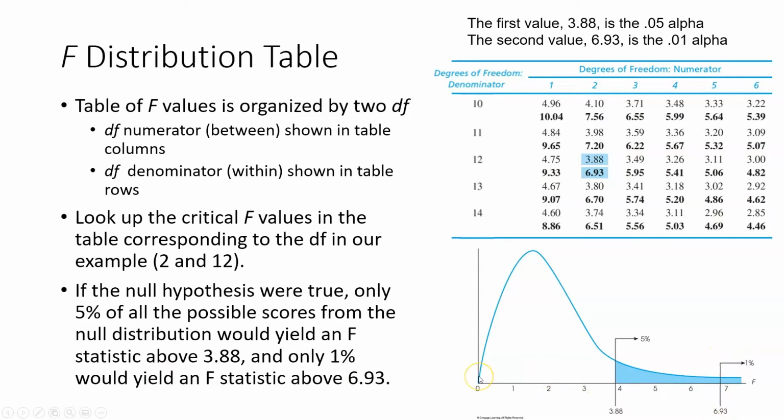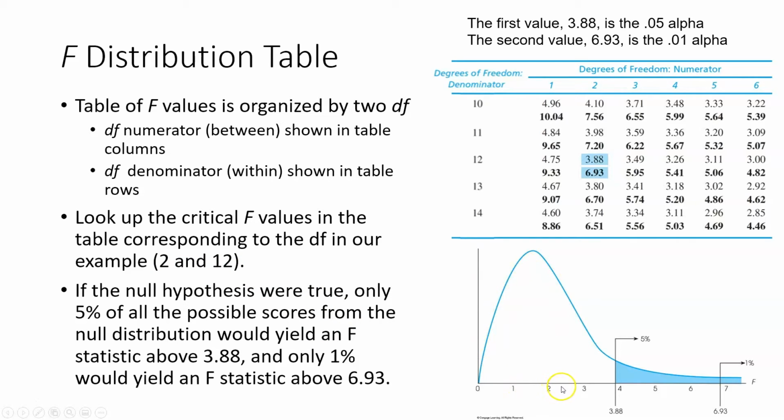So, if the null hypothesis were true, and the treatment really didn't do anything, and all the populations that you drew samples from were really the same, you would expect most of the time to find an F statistic that was around 1. It might be a little higher because of the particular degrees of freedom we have here, but you would expect it to be somewhere in this region.